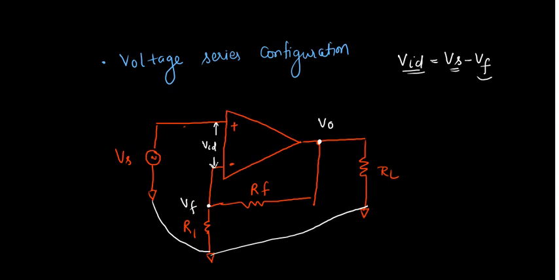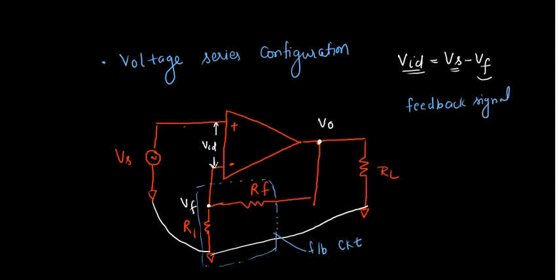What is your feedback circuit here effectively? This is your feedback circuit. Here you can write this line: feedback signal always opposes the input signal.